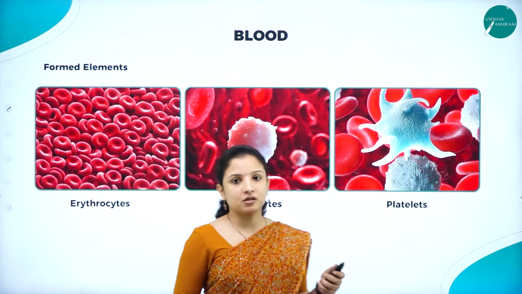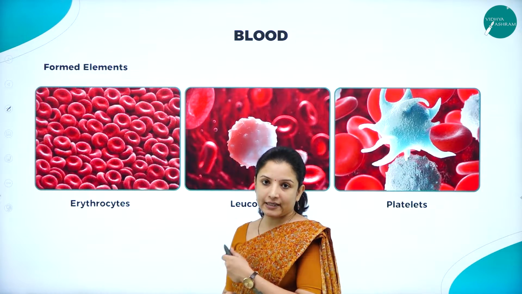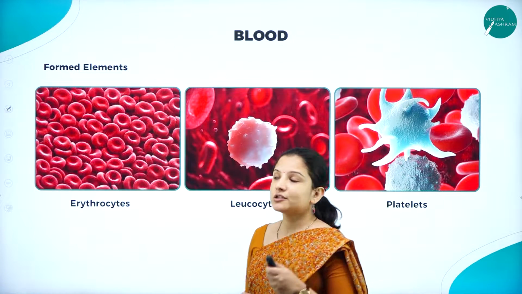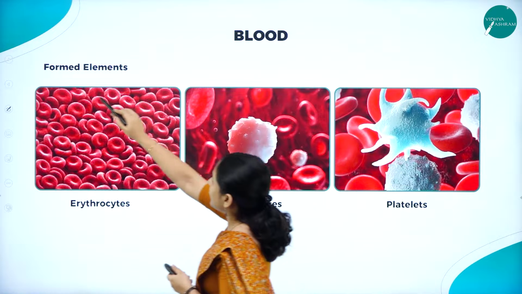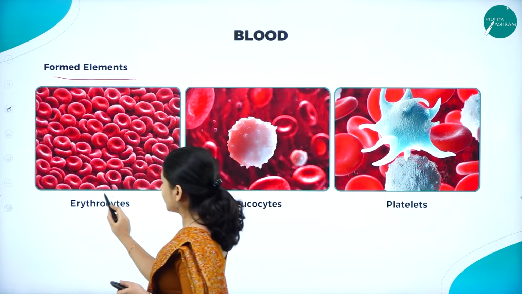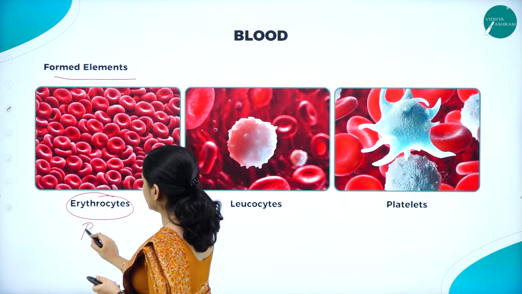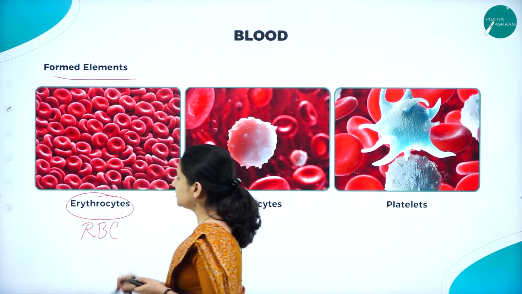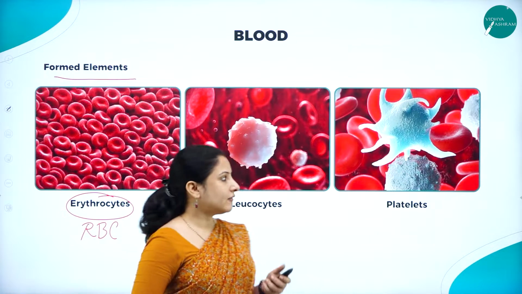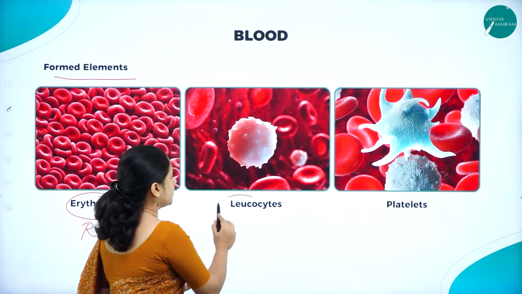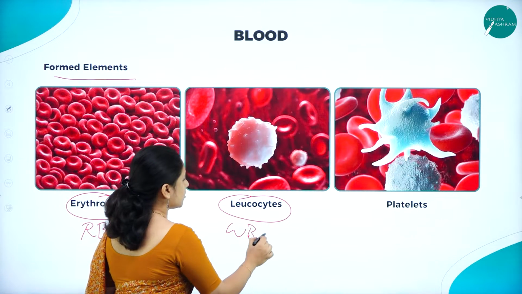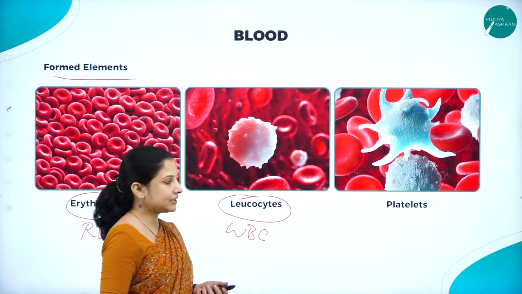So moving further, we shall talk about the formed elements, because I told you blood also consists of formed elements, right? So what are the different formed elements of the blood? The formed elements of the blood are the erythrocytes, which are nothing but the red blood corpuscles or red blood cells, also called the RBCs. Then we have one more formed element, the leukocytes, which are called the white blood corpuscles or white blood cells, or the WBCs.